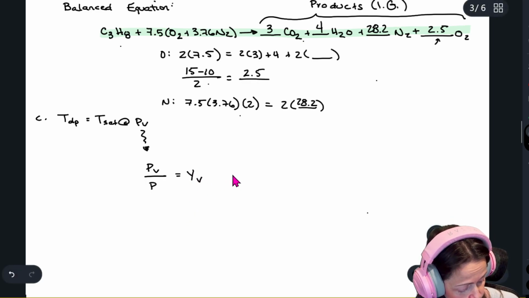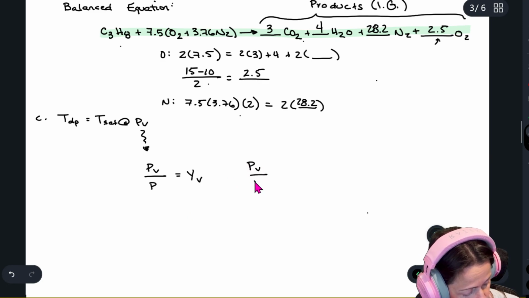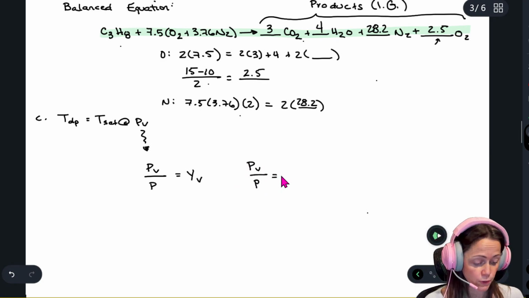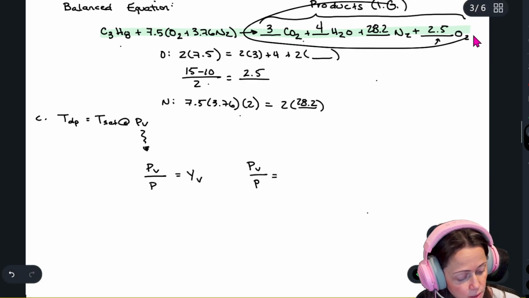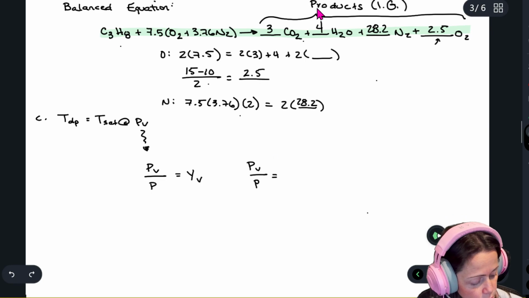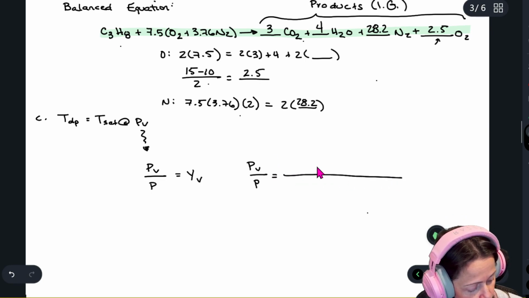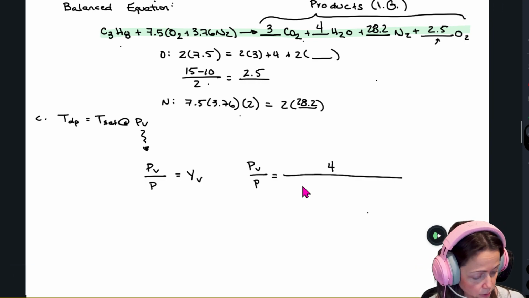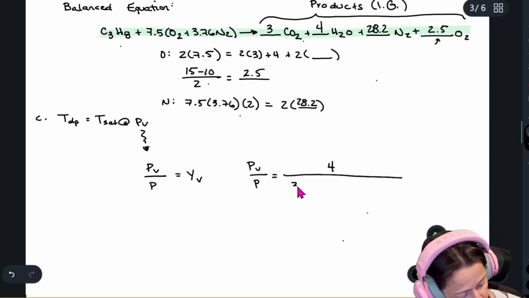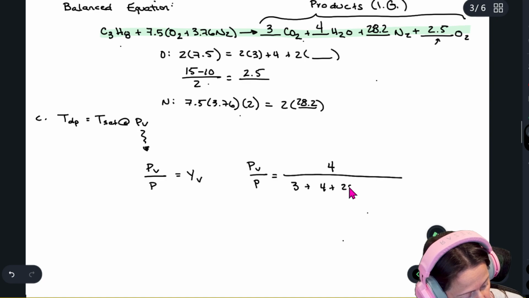And my mole fraction is the mole fraction of the water in the products, right? All the stuff on this side. So I have the number of moles of water, which is 4, over the number of moles of all of the components in that mixture: 3 plus 4 plus 28.2 plus 2.5.